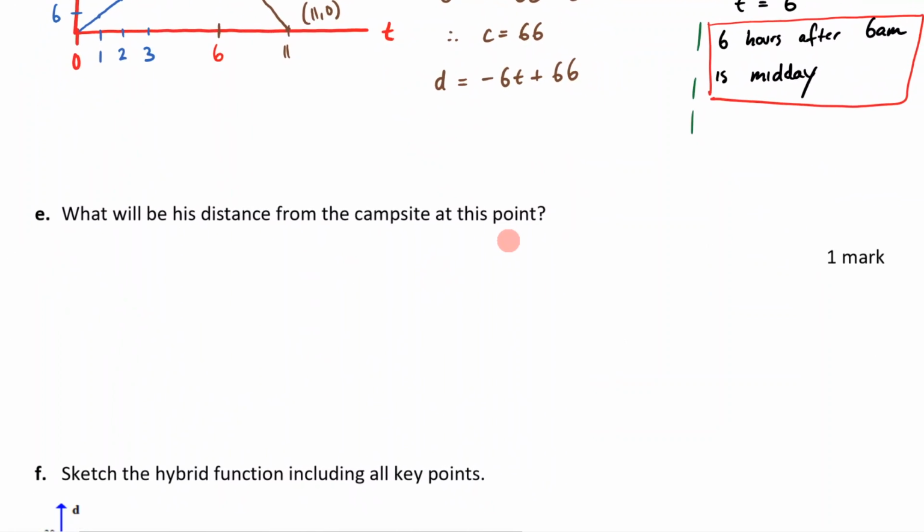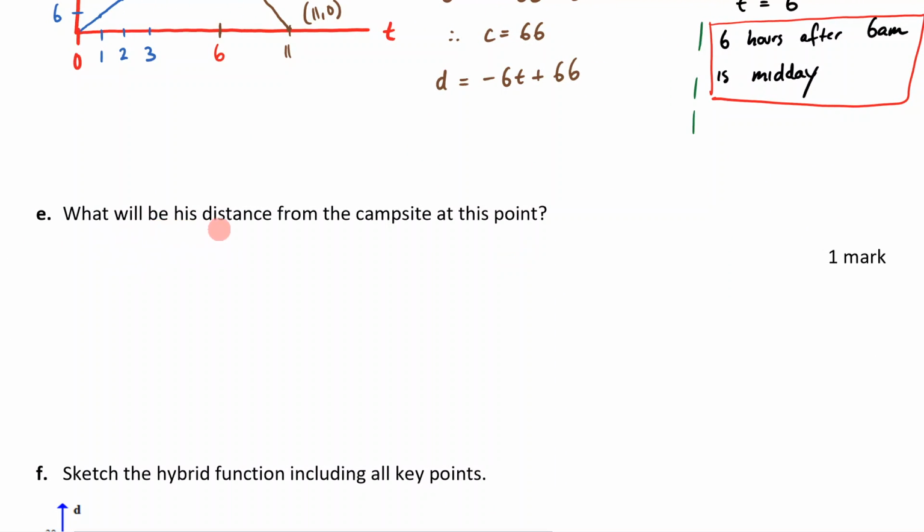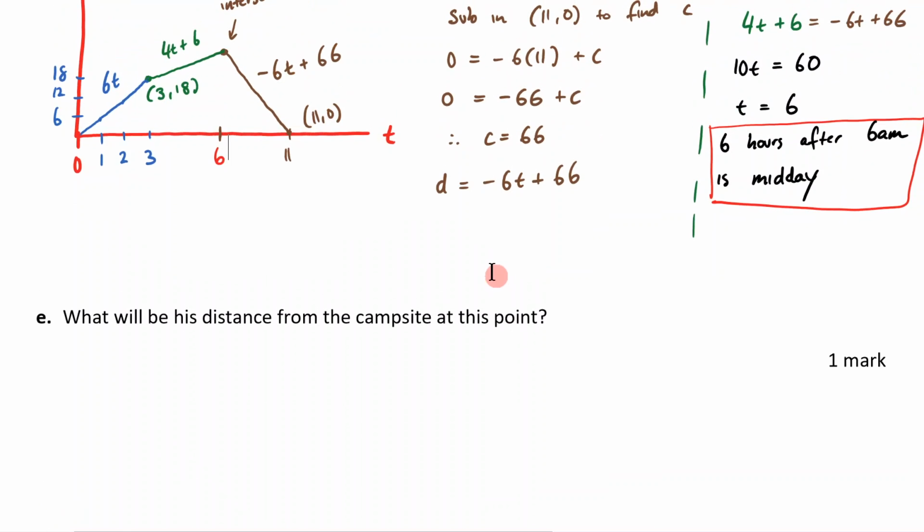This is a long question. He goes, what will be his distance from the campsite at this point? So what will be his distance from the campsite at this point right here it's referring to? So if I know that I'm dealing with d is equal to negative 6t plus 66, and he starts heading back at 6 p.m., I'm going to sub in t is equal to 6, which is going to give me d is equal to negative 6 times 6 plus 66.